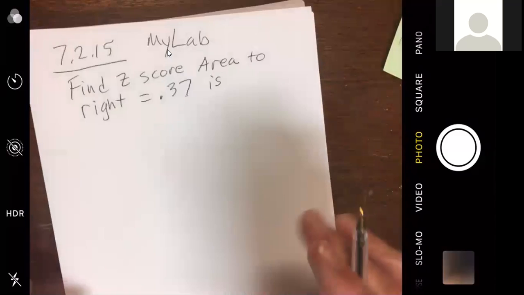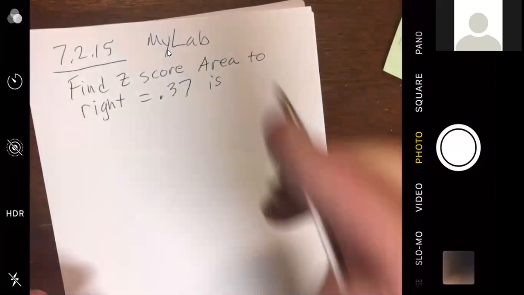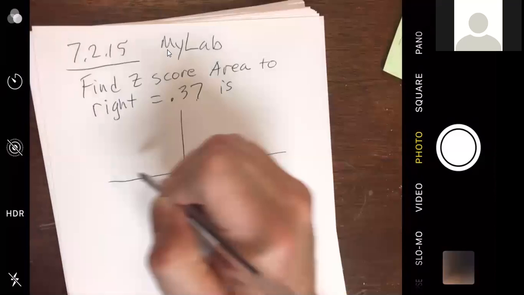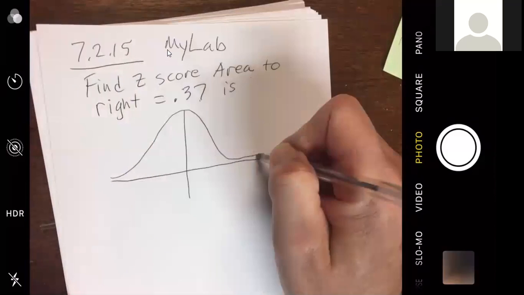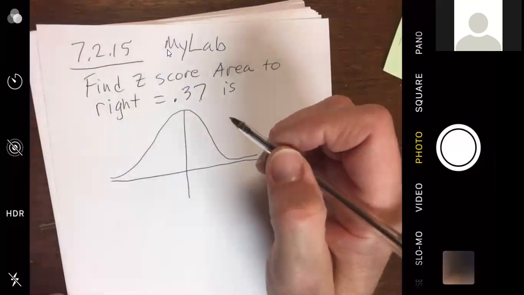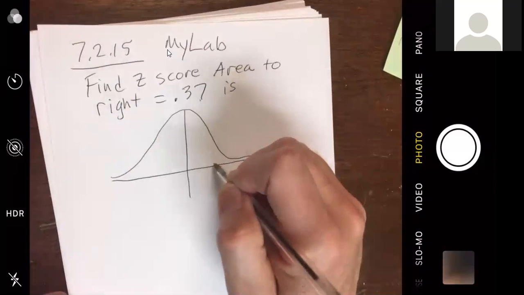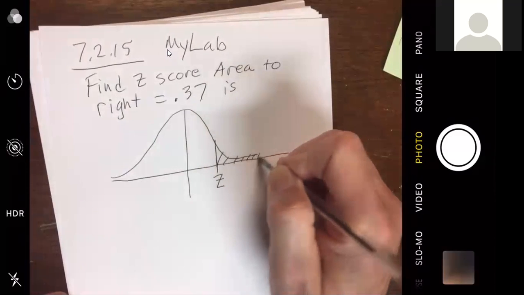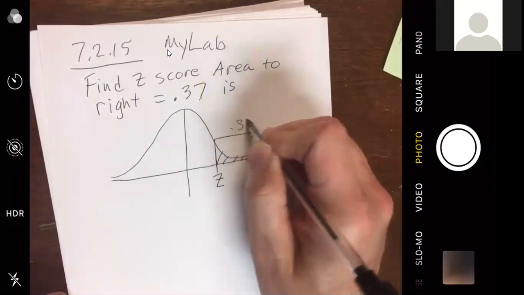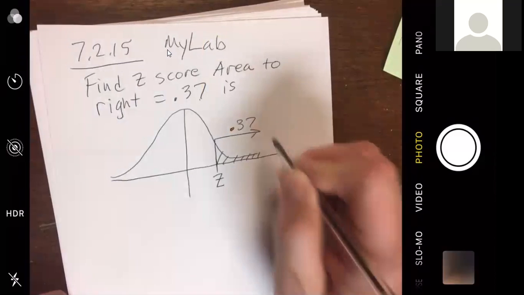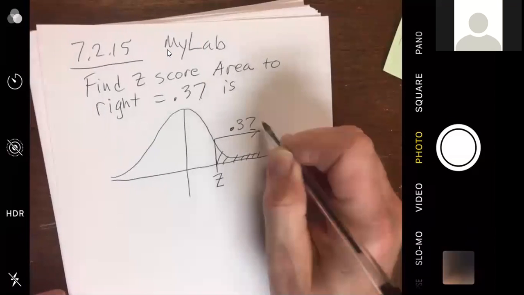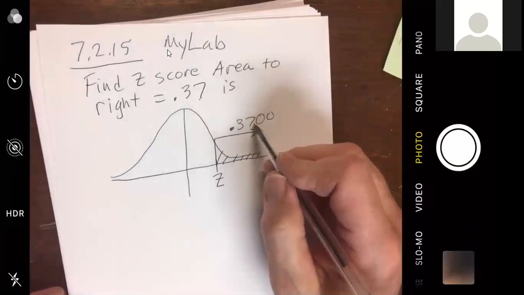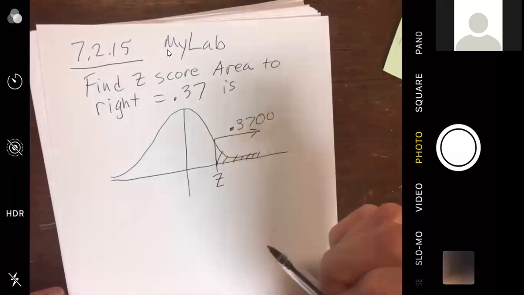Okay. Well, let's see if I can use the table and puzzle this out. So you'd use a normal curve. You know that the z will be on the right, and it will have 0.37 to its right. 37% of the numbers are to the right of that.